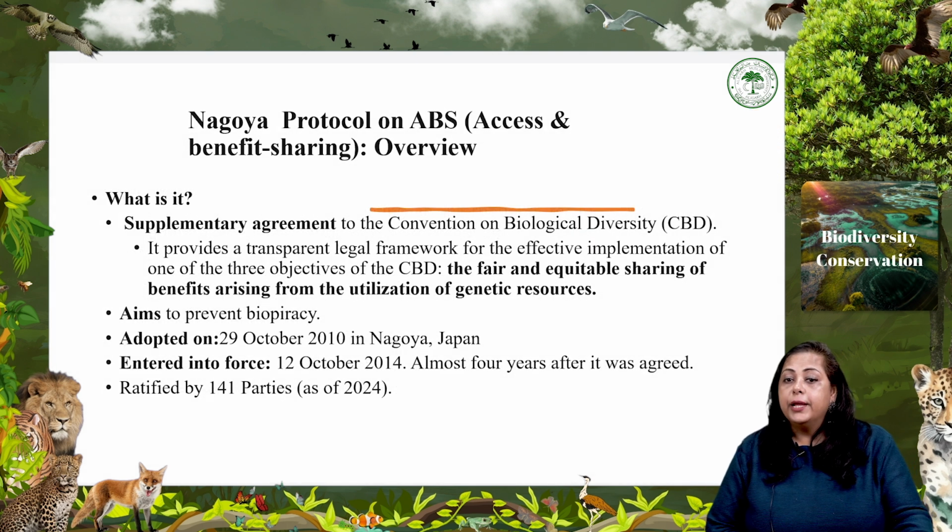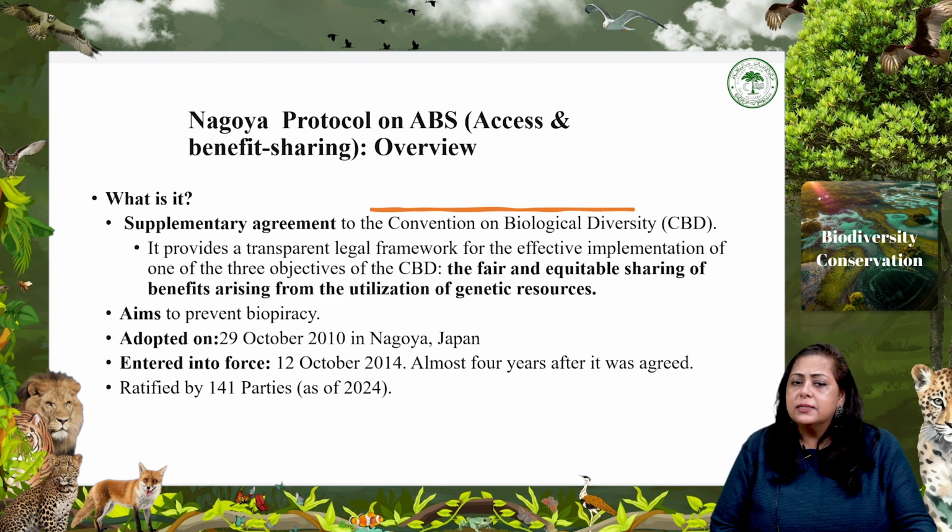Nagoya Protocol on ABS, access and benefit sharing: an overview. What is it? A supplementary agreement to the Convention on Biological Diversity, it provides a transparent legal framework for the effective implementation of one of the three objectives of the CBD, the fair and equitable sharing of benefits arising from the utilization of genetic resources. It aims to prevent biopiracy.